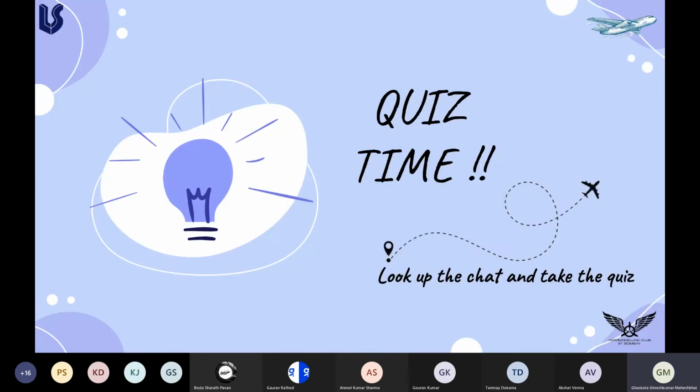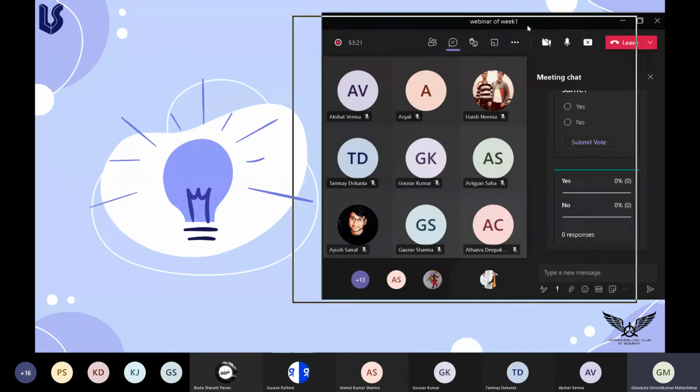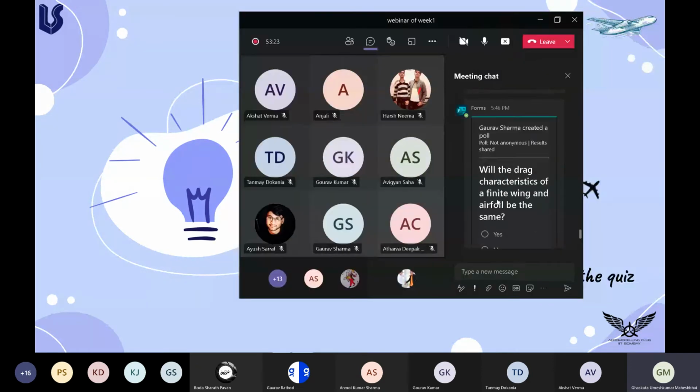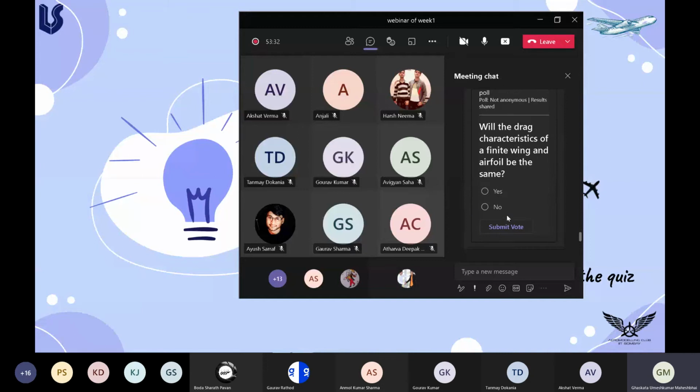Before we learn about the induced drag, let's take a logical pause about that. Now this is about the induced drag. So will the drag characteristic of a finite wing and an airfoil be the same? Here the airfoil means an infinite wing.